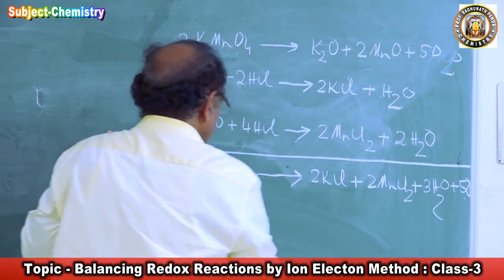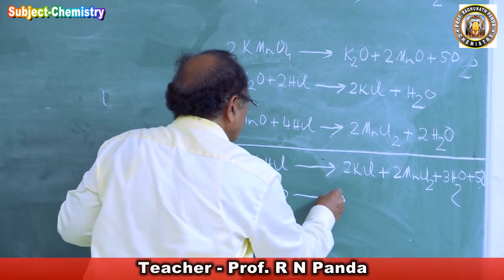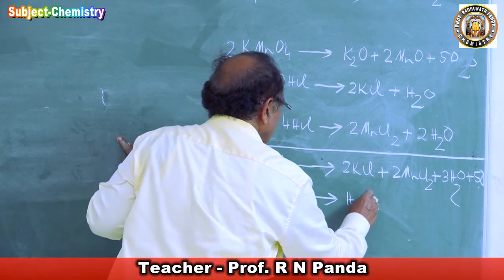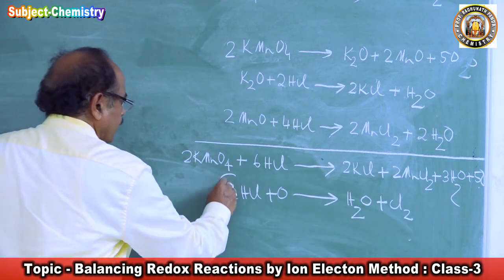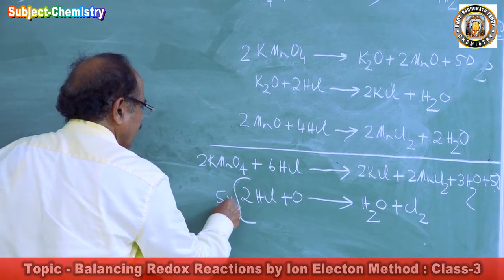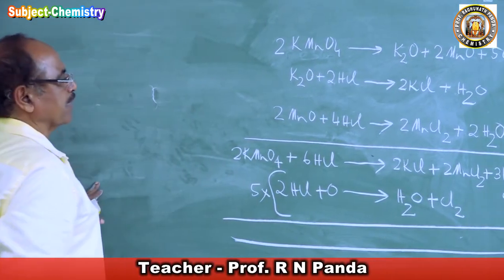Now this O, 2HCl plus O will form H2O plus Cl2. How many O are there? 5O. So we multiply this by 5 and add.